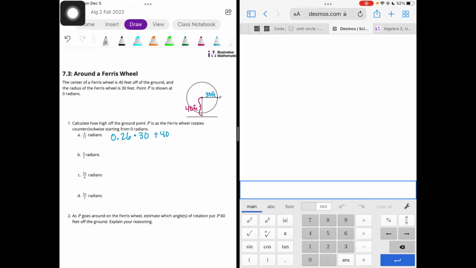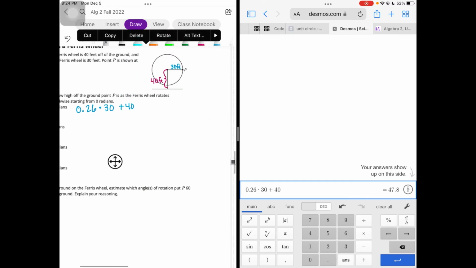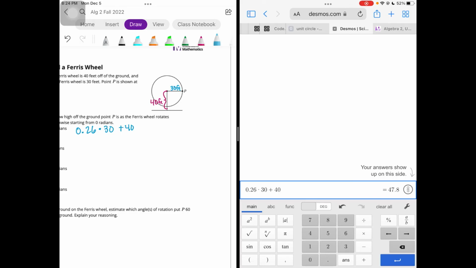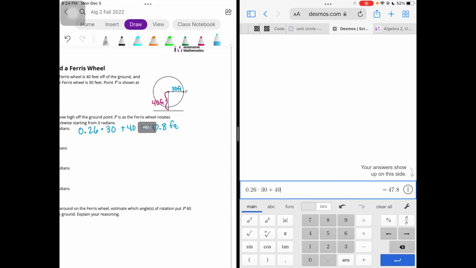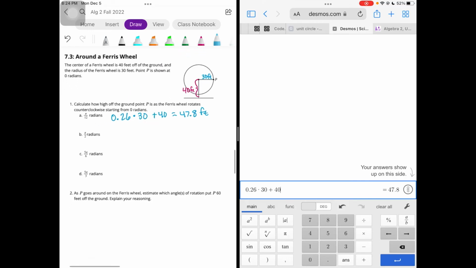All right, so we've got 0.26 times 30, and then we're going to add 40 to that. So we end up with about 47.8. So point P is about 47.8 feet off the ground.